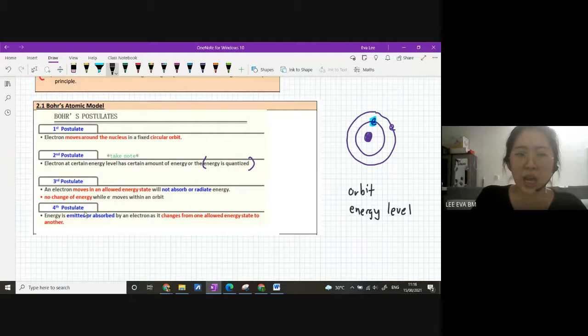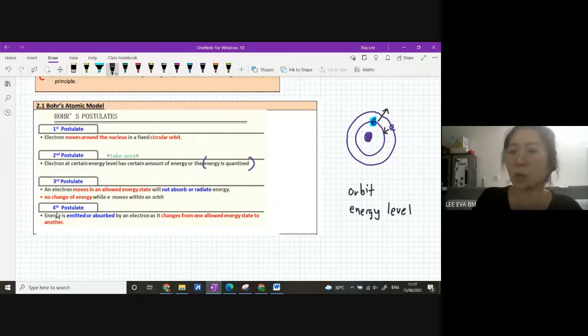Okay. And then after that, we have our fourth postulate, which says that energy is emitted or absorbed when the electron changes from one energy state to another. So tadi, postulate yang ketiga cakap kalau dia masih dekat orbit yang sama, no release or no absorb of energy. But if electron ini move dia punya energy level keluar ataupun masuk, bila ada transition, your energy will be either emitted or absorbed.